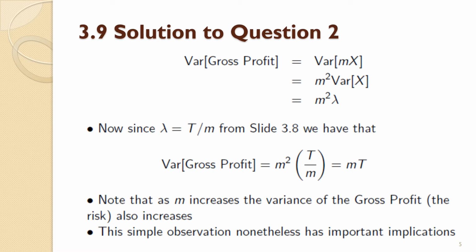Now, when we did the previous calculation on the last slide, we had that lambda equals T over M in order to meet this sales target. So the variance of the gross profit would be equal to M squared times lambda, so M squared times T over M, which would come out as M times T.